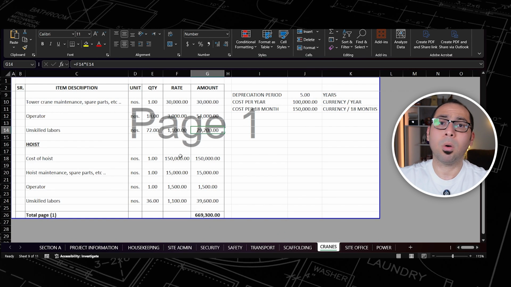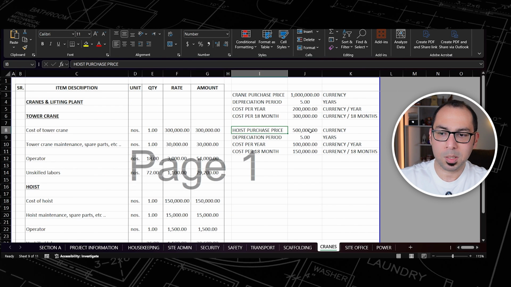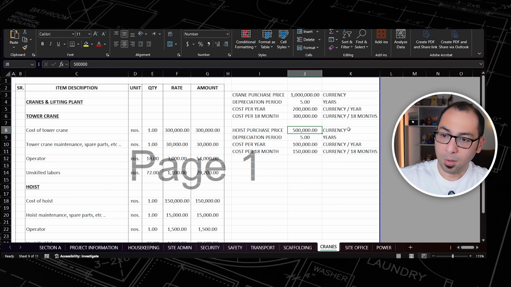And in addition to the tower crane, I'll need a hoist also. And the hoist is like an elevator which is fixed on the elevation of the building for the purpose of construction. So again, how much is the hoist purchase price? Let's say 500,000, and the depreciation is 5 years. So when you divide, you get the cost per year 100,000, cost per year and a half 150.